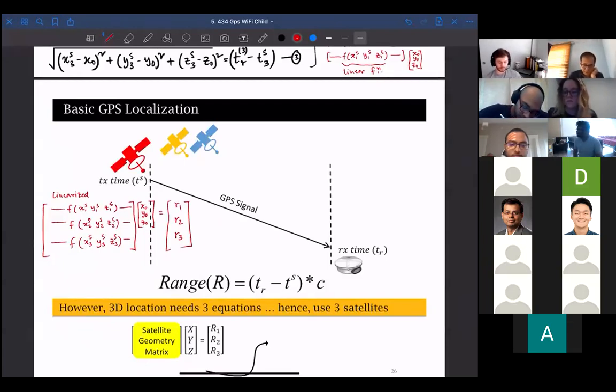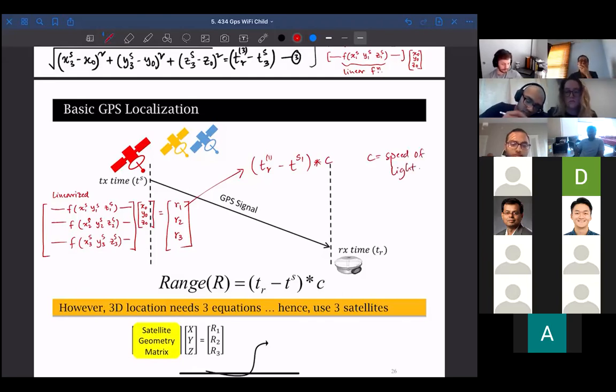Make sense? And how did you get this? This is your TR1 minus TS1 times C. C equals speed of light. So far, all right?